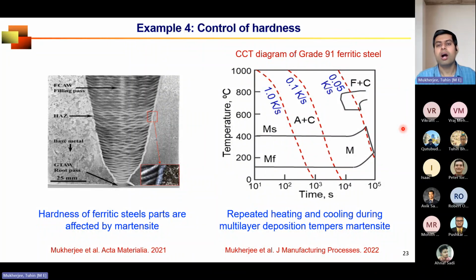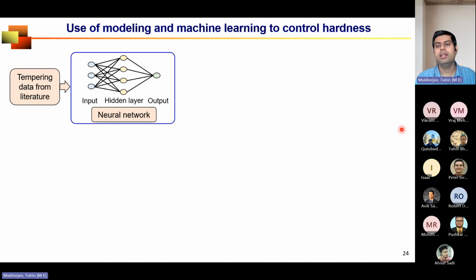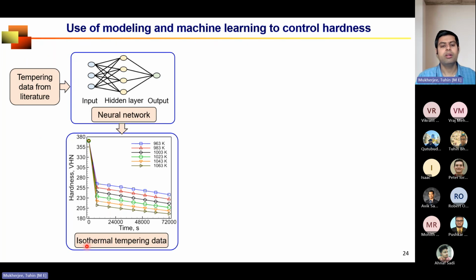Okay, so how does that affect the mechanical property? To understand that, we developed a framework that took advantage of both mechanistic modeling and machine learning. We collected tempering data from the literature and trained a neural network, so that we can get isothermal tempering data for different temperatures and different times for that particular material.